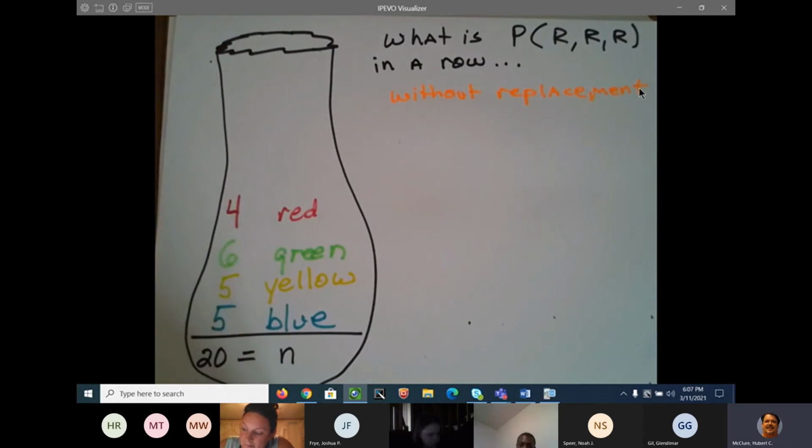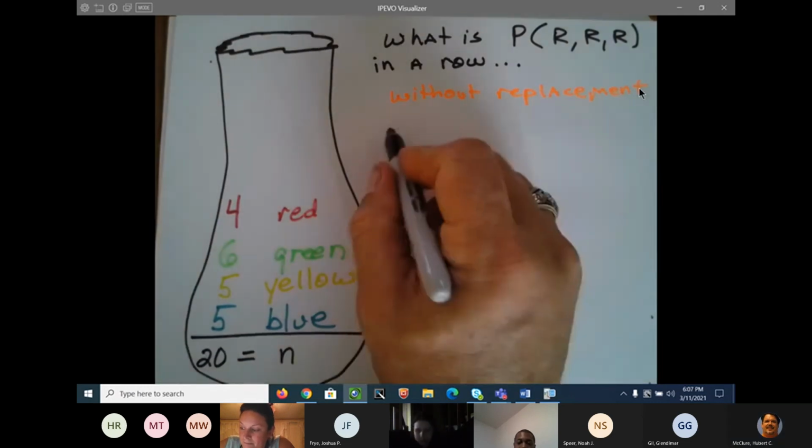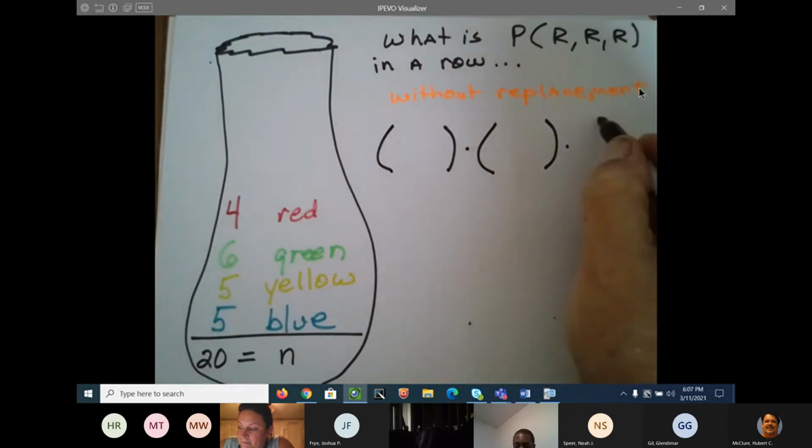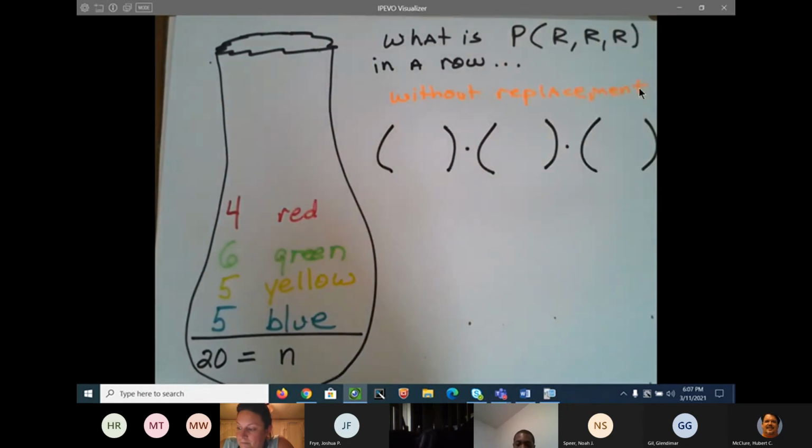Okay, so let's talk. We're still going to pick 3 in a row, so I'm going to put 3 sets of parentheses. Just like before. And what is the probability of picking a red marble?